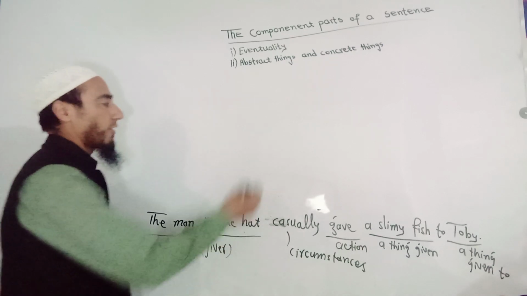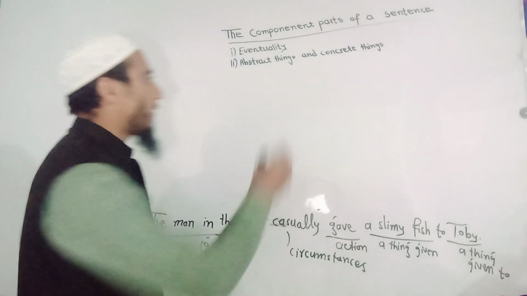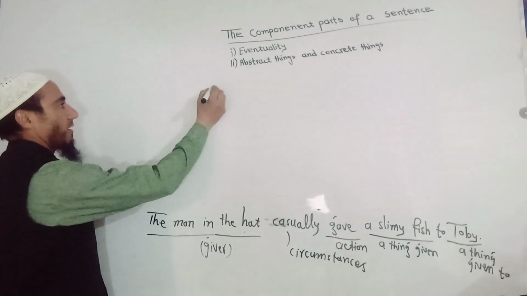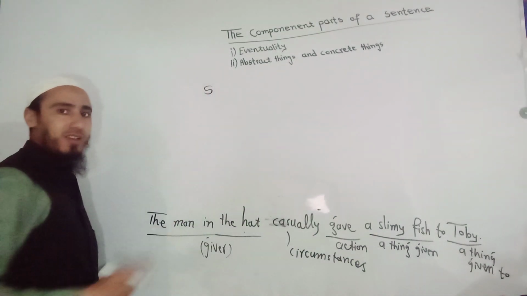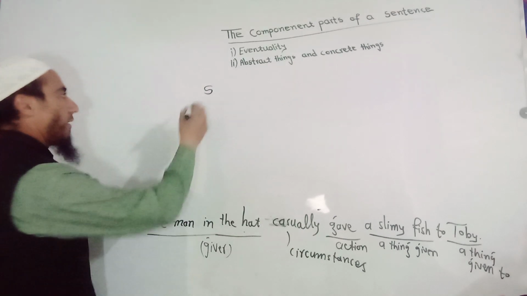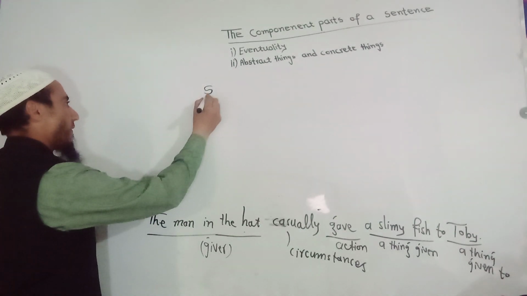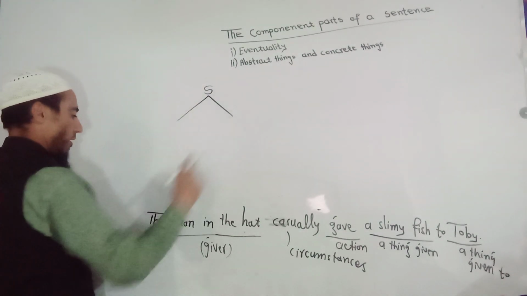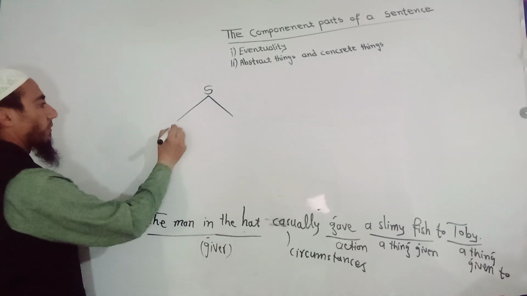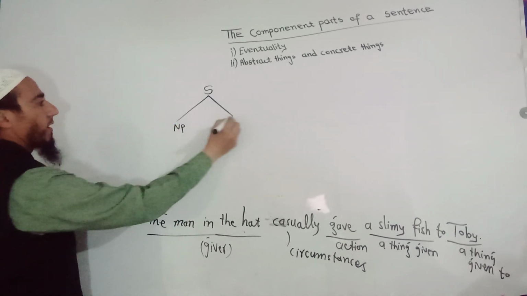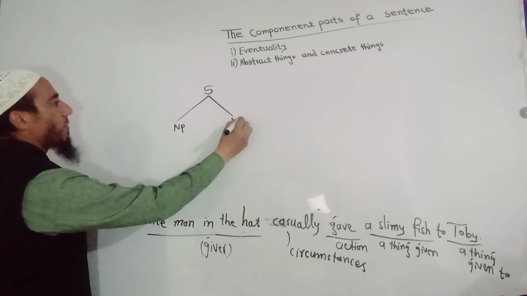The tree diagram is: we have S, which means sentence, and in the sentence we have NP and after that we have VP.